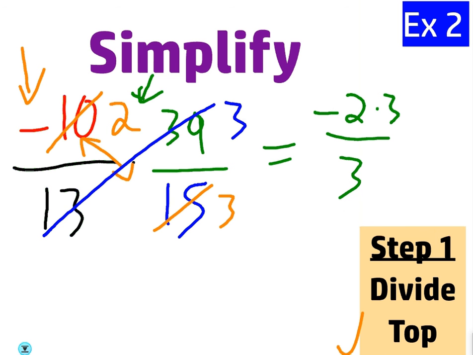Now there's actually two ways to go from here because we can actually cross cancel again, right? Look, we got 3 on the top, we got a 3 on the bottom, right? So we can cancel that out. It'd be negative 2. But yeah, you could certainly do negative 2 times 3 on the top, which is negative 6, and that would still reduce to negative 2.